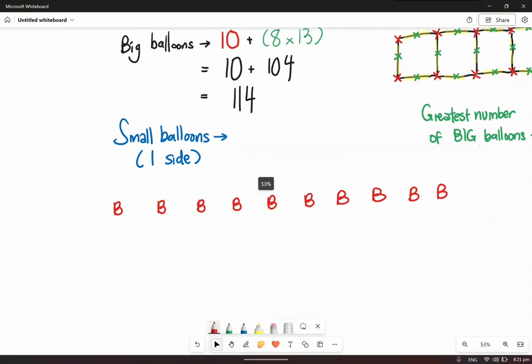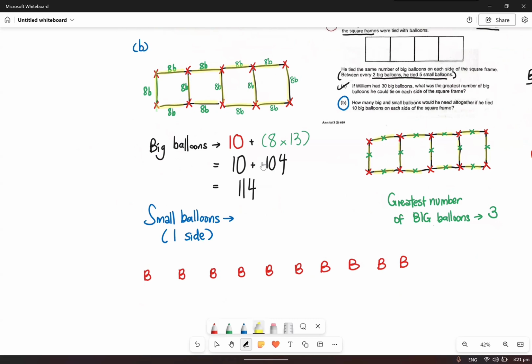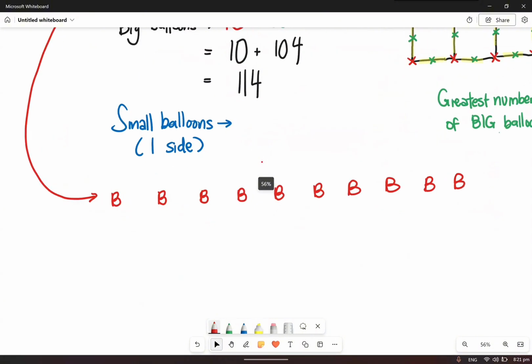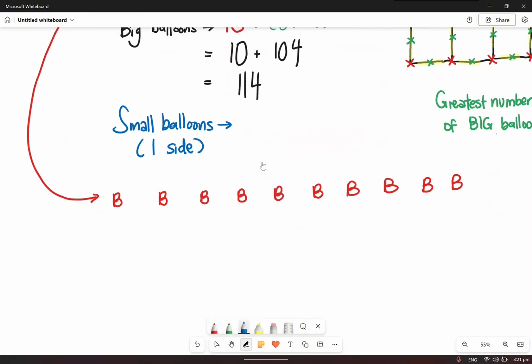Am I making sense? So in between this big, how many small do I have? Of course, I will have 5 small over here. So I will have all of these 5 small, 5 small, 5 small, 5 small.